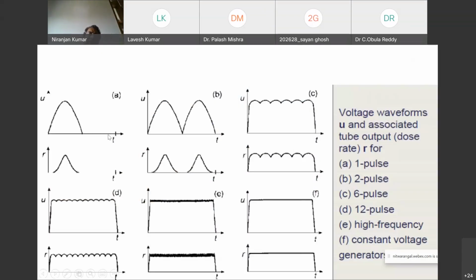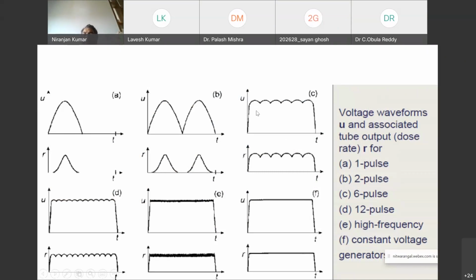This is how the one pulse with just AC was given. So half of the cycle it will go, and this is how the emission will look. Then the full rectifier came, what you saw in the picture. So you get full wave, right? But still you can see that this is how the emission will look. Then the next, third generation came, where we give the 6 pulse or 3 phase, you can say.